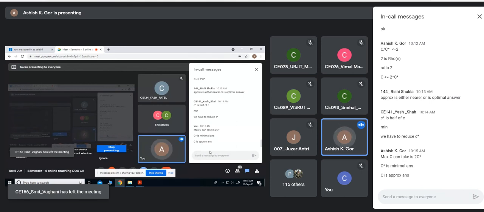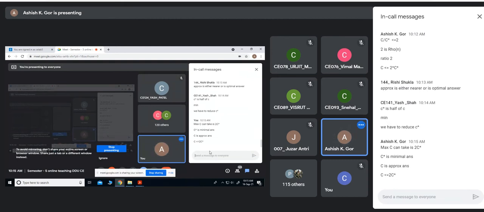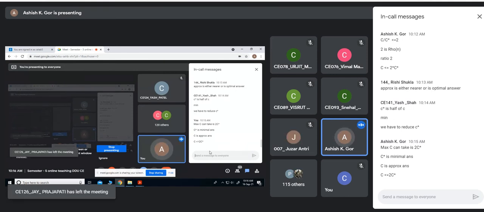So what I'm trying to say is C is less than or equal to 2 times C star, which means C is either 2 times the minimal answer, or it could be 1.5 times the minimal answer. It could be exactly equal to the minimum answer, then it's very good actually, but that doesn't happen, right? So are you getting what I'm trying to say? Yes?